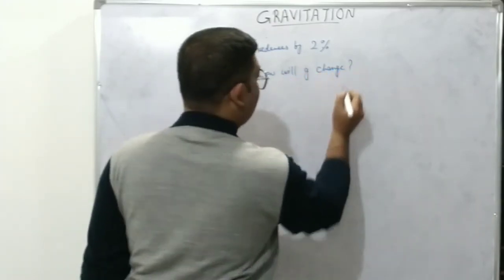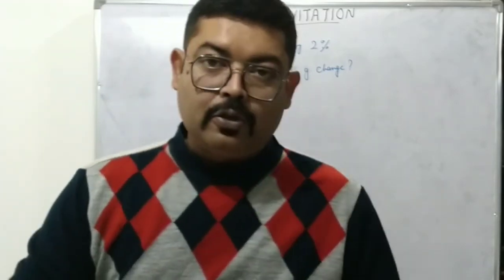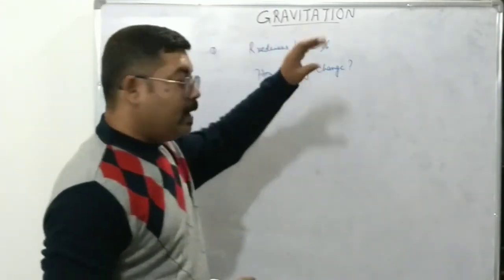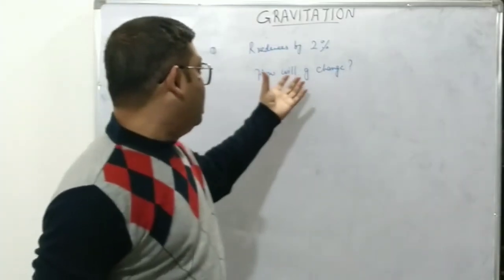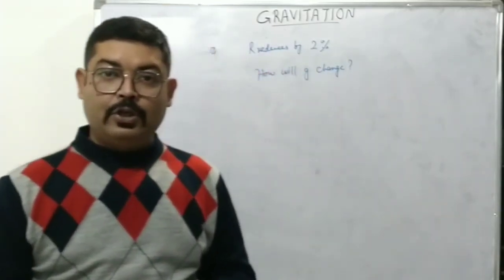That is, acceleration due to gravity change. So what we have been given is that radius of the Earth has been reduced by 2%. We need to find what will be the variation in acceleration due to gravity.